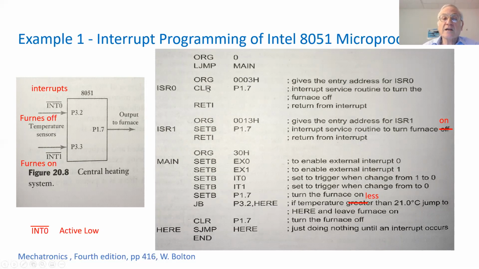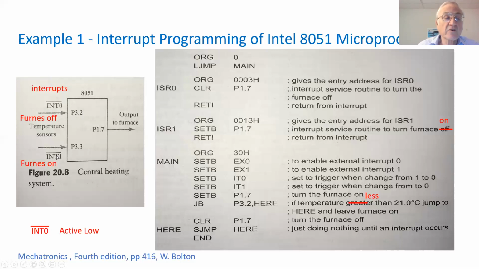And then in this case, we clear pin 7 of port 1 when interrupt 0 is turned on, and this happens with the active low. The bar over here indicates that this will turn on when this signal is going to be low. Without the bar, it will be when this signal is high.